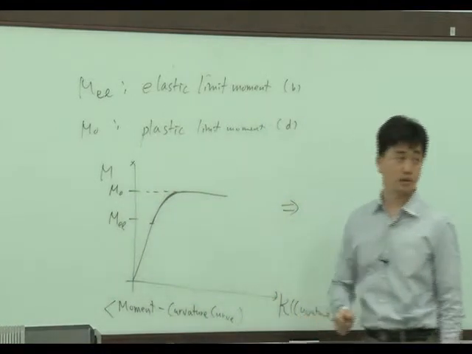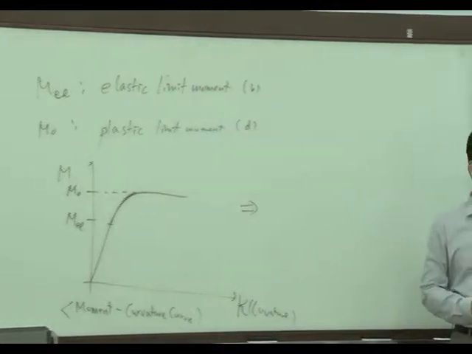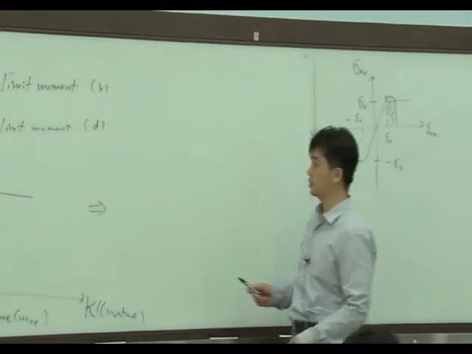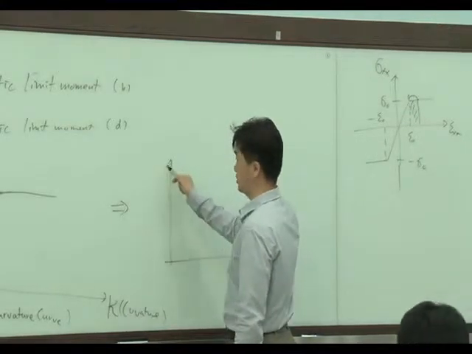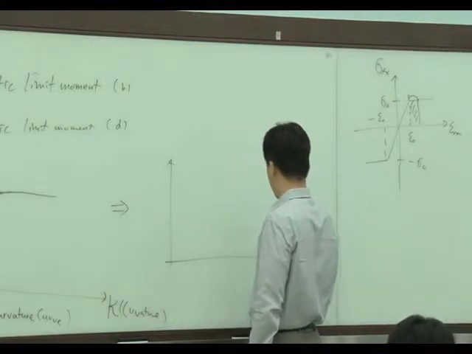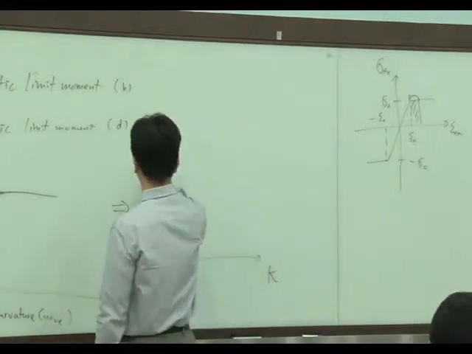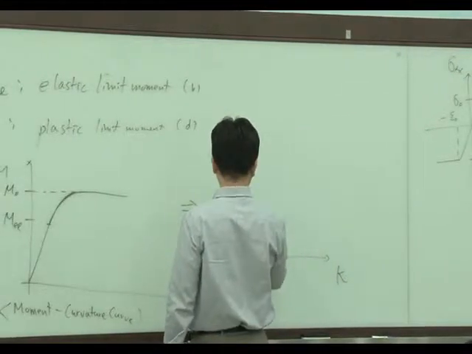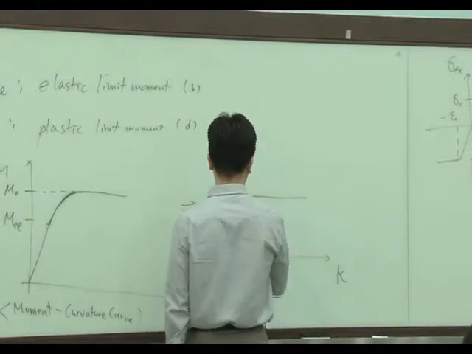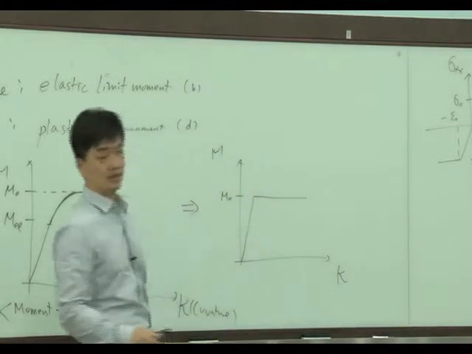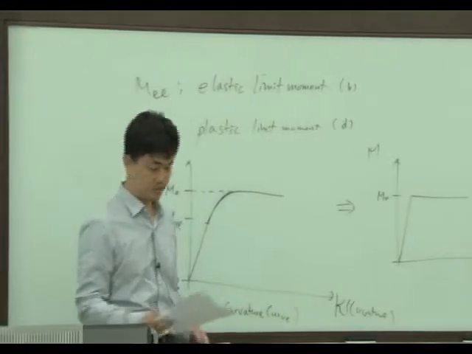And for the analysis of real structures, people like to use a simpler curve. It looks like this. This is M0. This is the idealized moment curvature curve.